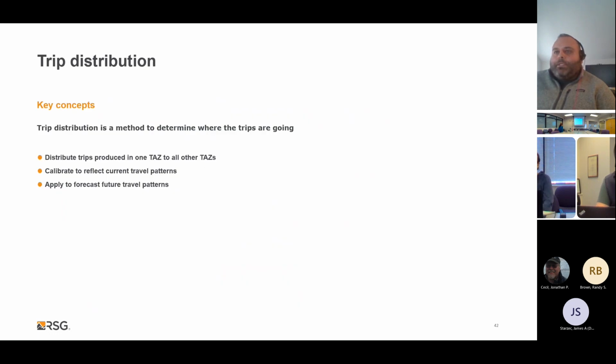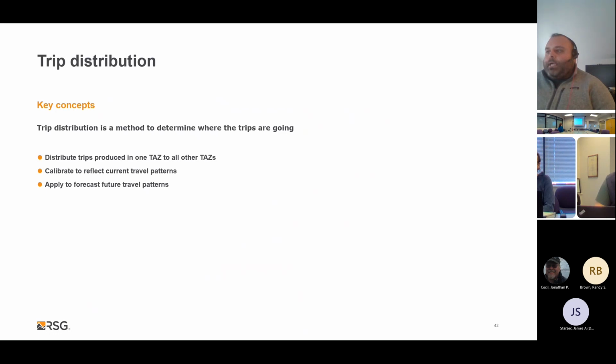So in trip distribution, the trip distribution point of the travel demand forecasting process is where a planner is going to determine where trips will go. So previously we talked about trip generation steps provide the frequency of travel, or how much travel is going to take place, or how many trips will be produced and attracted to or from a zone.